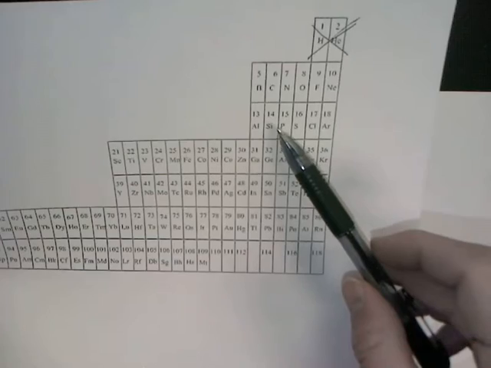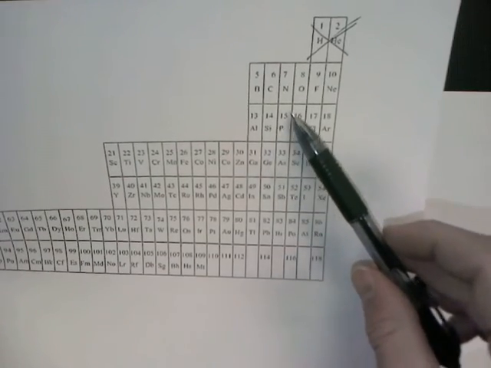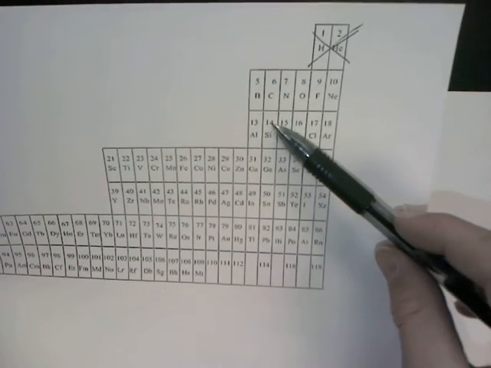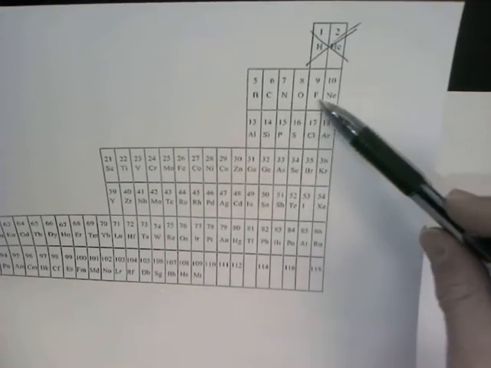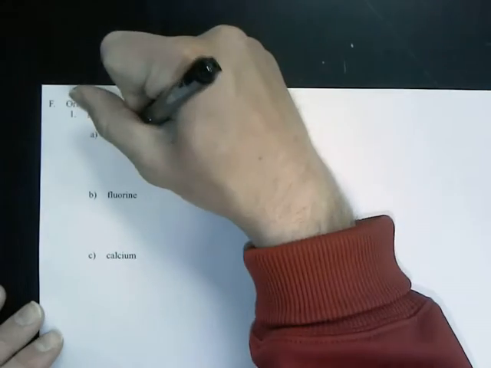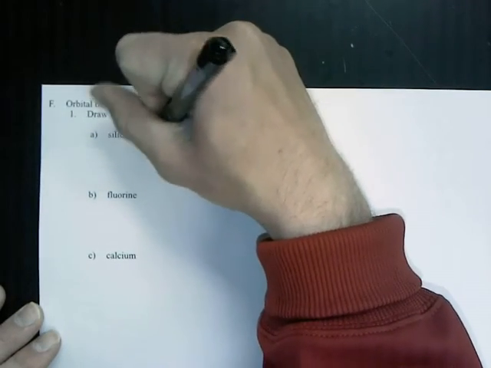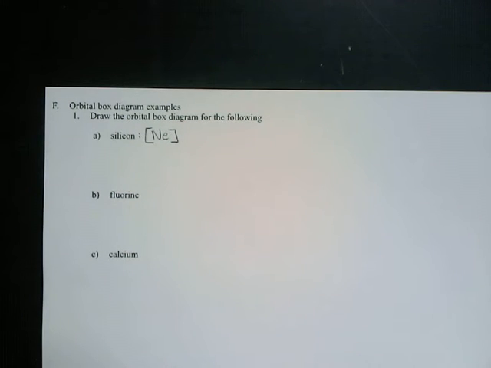So we start out here with silicon. Again, the first thing that we need to do is find silicon on our periodic table, and it's element number 14. And again, we write the previous noble gas by going up and to the right. And so we're going to put Ne in brackets, and that indicates that we have all those electrons through Ne.